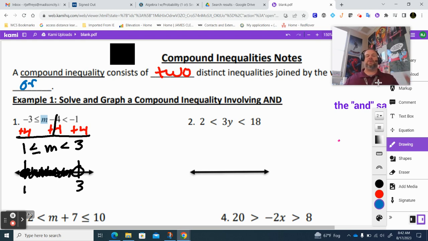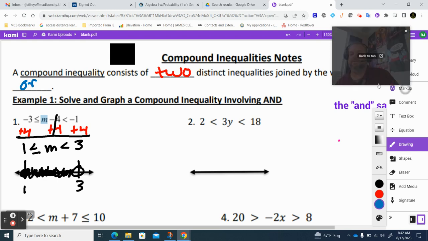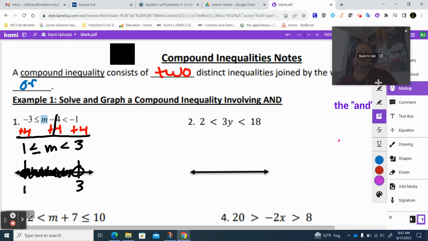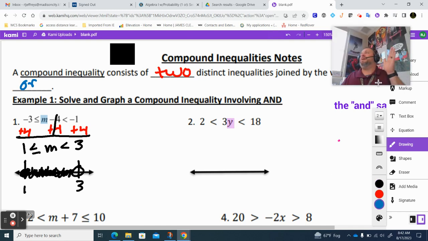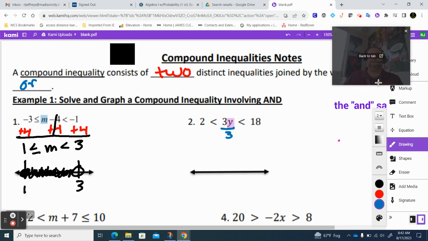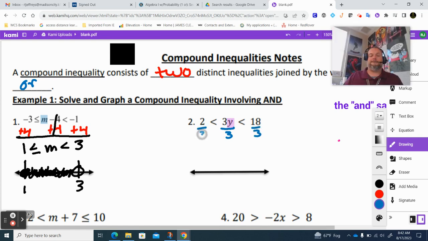All right. So here's our variable for number 2. 3 is being multiplied by y. So what is the opposite? Divide. All right.